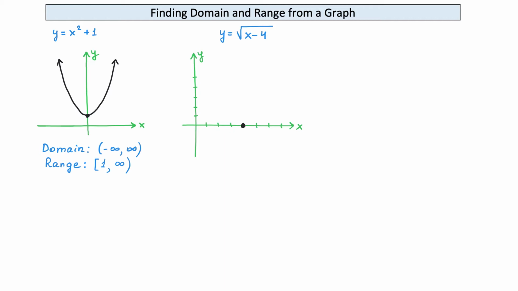Let's choose a few more points. When x is 5, 5 minus 4 is 1, and square root of 1 is 1. So the next point will be 5, 1. Now let x be 8. 8 minus 4 is 4, square root of 4 is 2. So when x is 8, y will be 2. And now this is the graph we get.